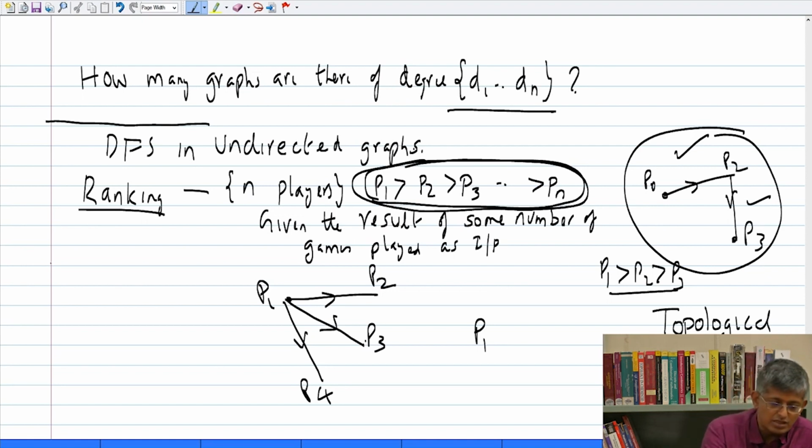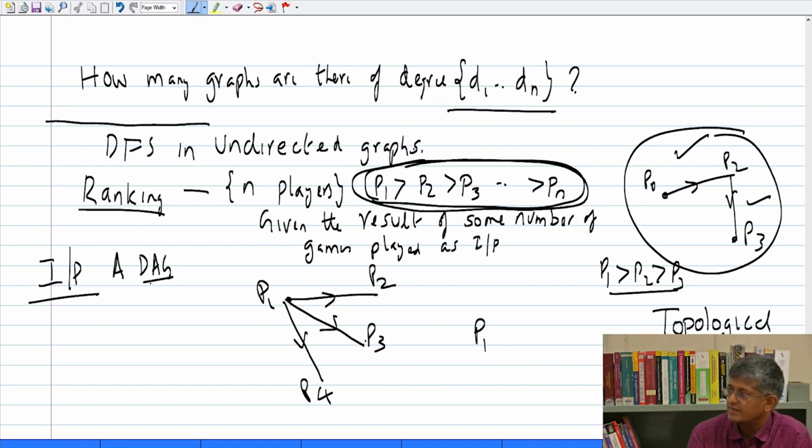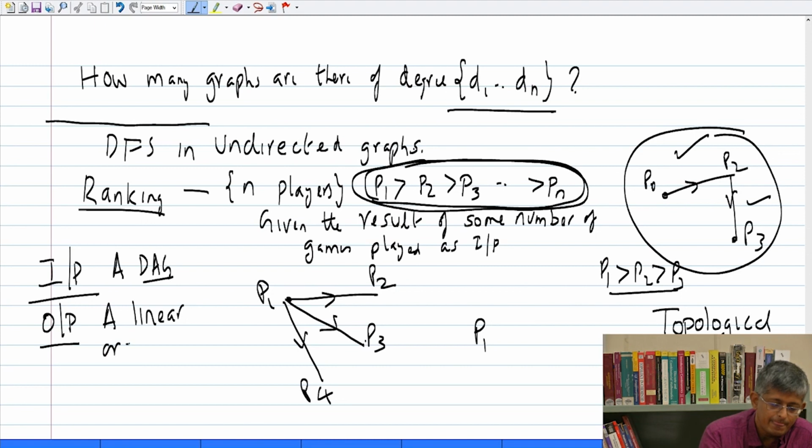Input consists of a directed acyclic graph. What is the output that you should give me? A linear ordering. You must give me a linear ordering consistent with a DAG.